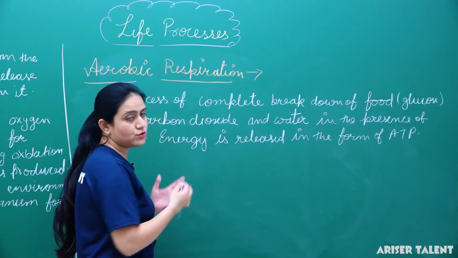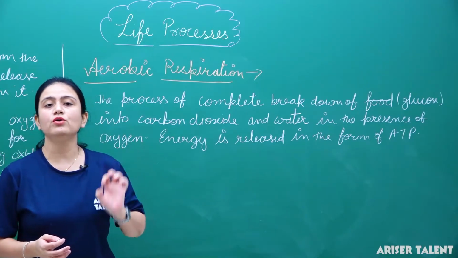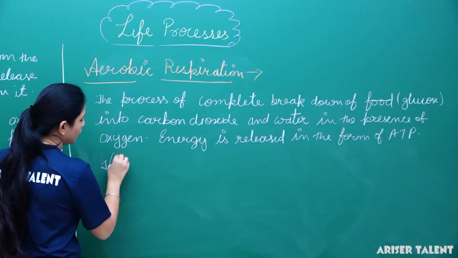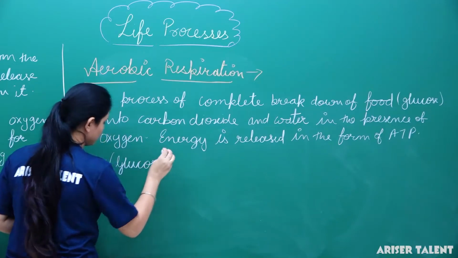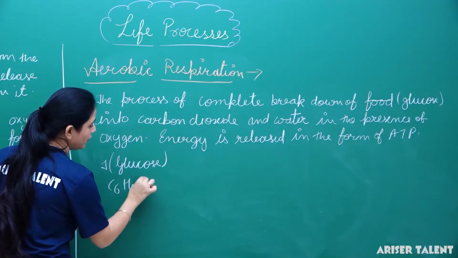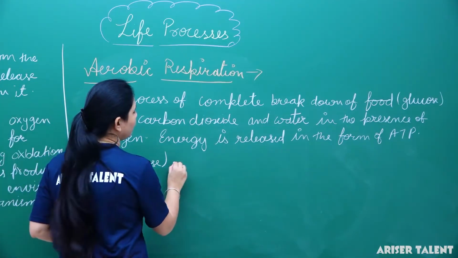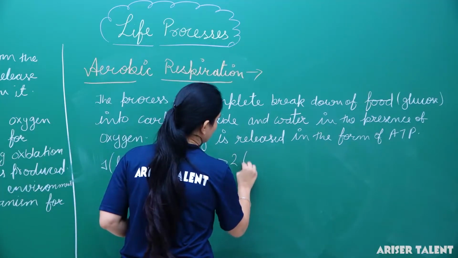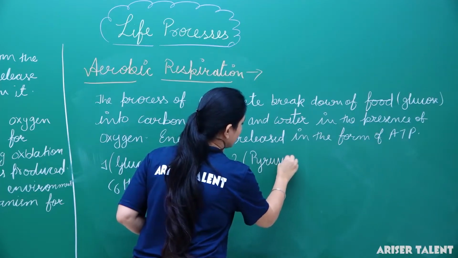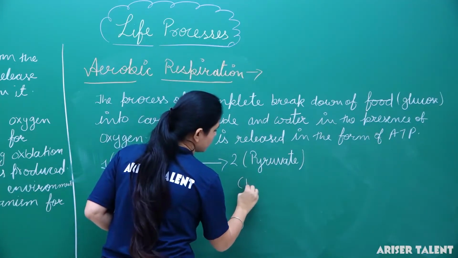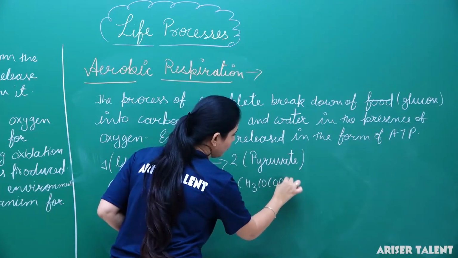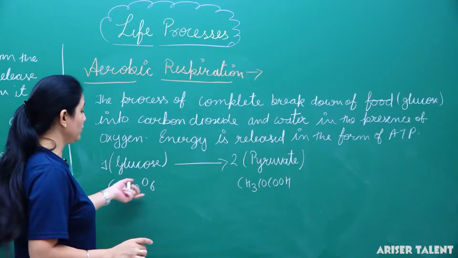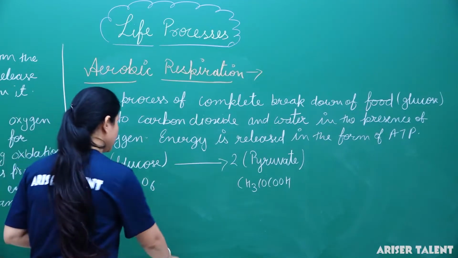Now, what is the actual equation? One molecule of glucose, C6H12O6, breaks down and forms two molecules of pyruvic acid or pyruvate, CH3COCOOH.